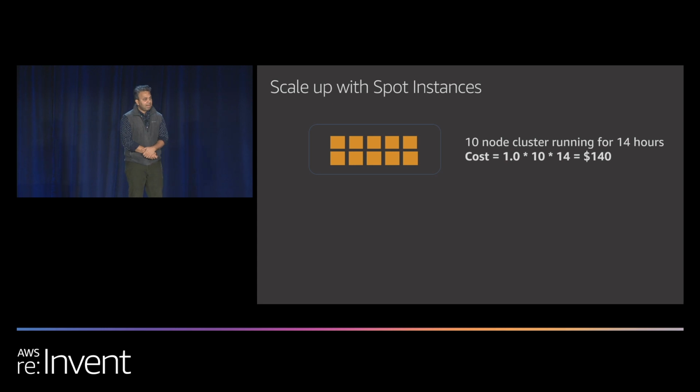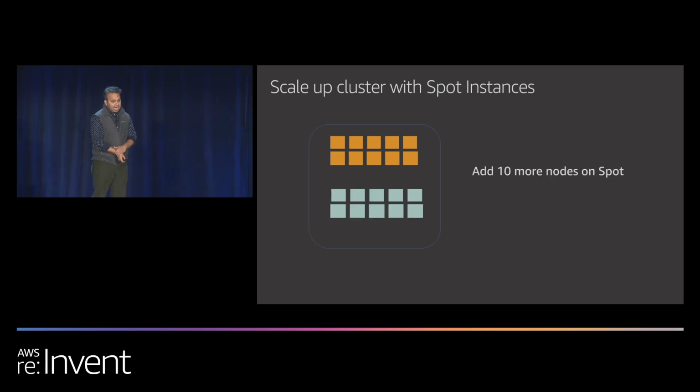Yeah. So imagine this scenario where I have a 10-node cluster, and each of these nodes costs me $1. And let's say the job runs for 14 hours. So this cluster costs me roughly $140. Now, assume that I added 10 more nodes on Spot. So my cluster has become a 20-node cluster, and in my fairy tale world, the 14-hour job has now reduced to a 7-hour job. Let's assume linear scalability for the example.